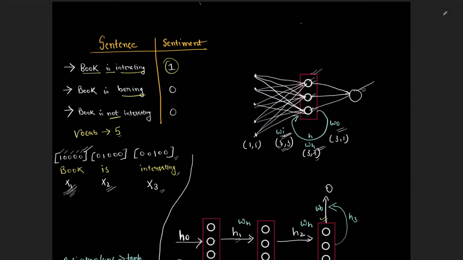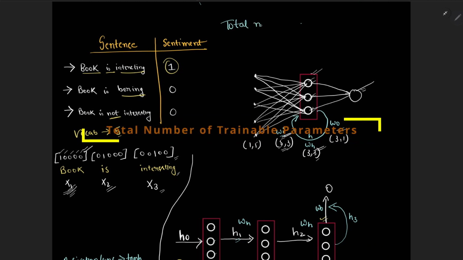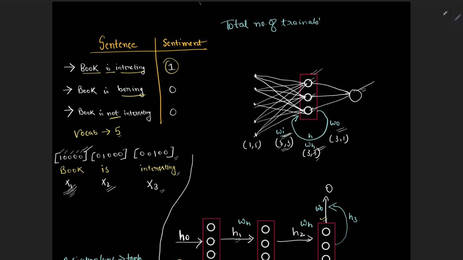Now, before we end this video, let's discuss one more important thing about the forward propagation in RNN, which is the total number of trainable parameters. When we say total number of trainable parameters, we are referring to weights and biases.